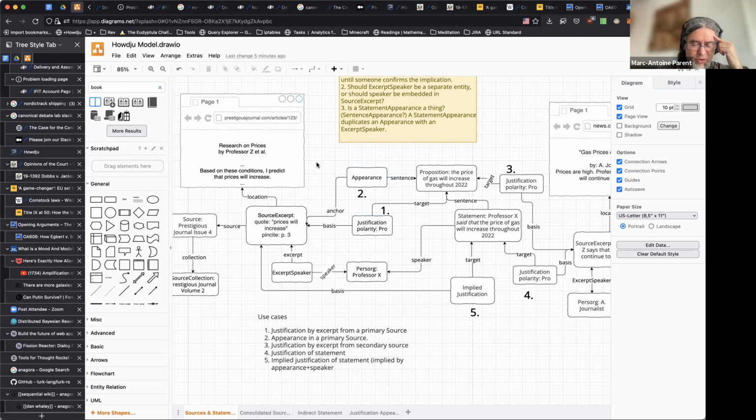But the whole question of negation, right? Let's take your example: price of gas will increase, price of gas will not increase. Those are two opposite statements. They're not opposite statements. This is one of the subtleties of negation.